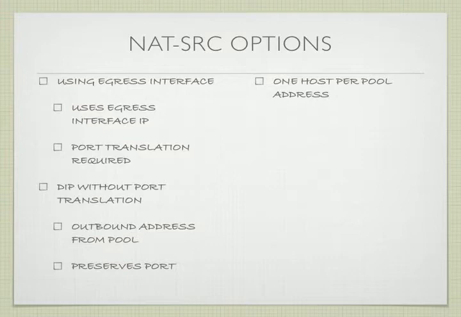Because it's not translating the ports, it has no control over generating a whole bunch of random ports to distinguish multiple hosts. So when you create a DIP that does not do port translation, you are telling the system, I am going to manage a one-to-one relationship between this dynamic IP address and the internal host that it is being assigned to.